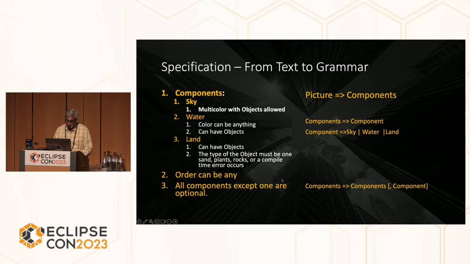Can there be multiple components? Yes. This rule says on the left-hand side components, and the components can be a component, comma, optionally one more component getting added. That's how we are slowly getting into the structure of the grammar.